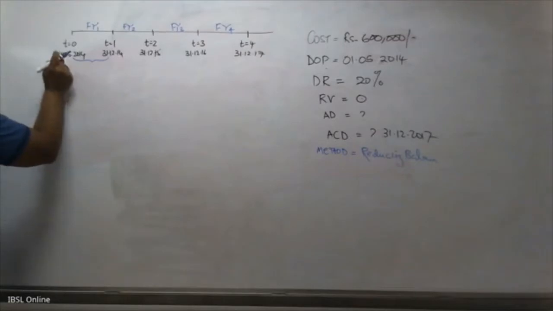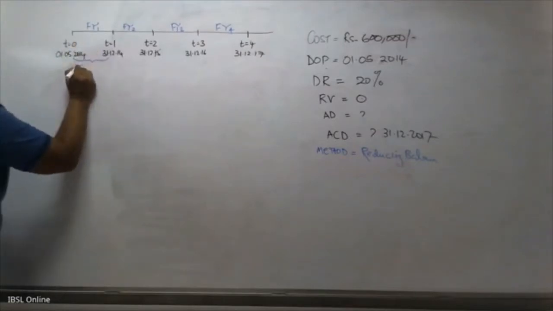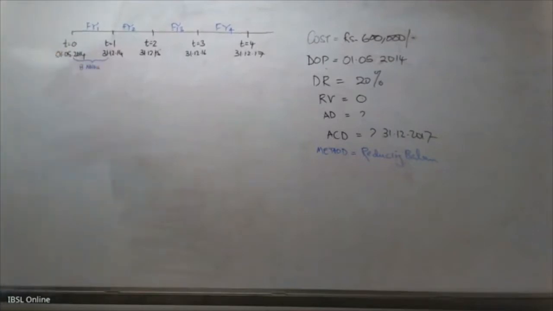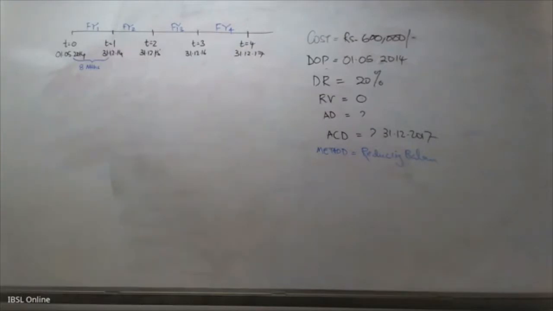If you see really from 1st May to 31st December, it's only 8 months. Am I correct? So you have to calculate the depreciation for 12 months and then work it out for 8 months.